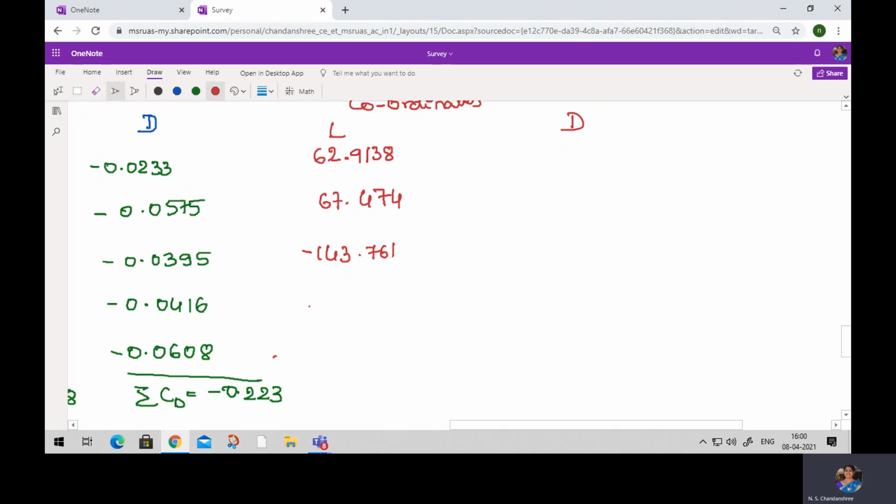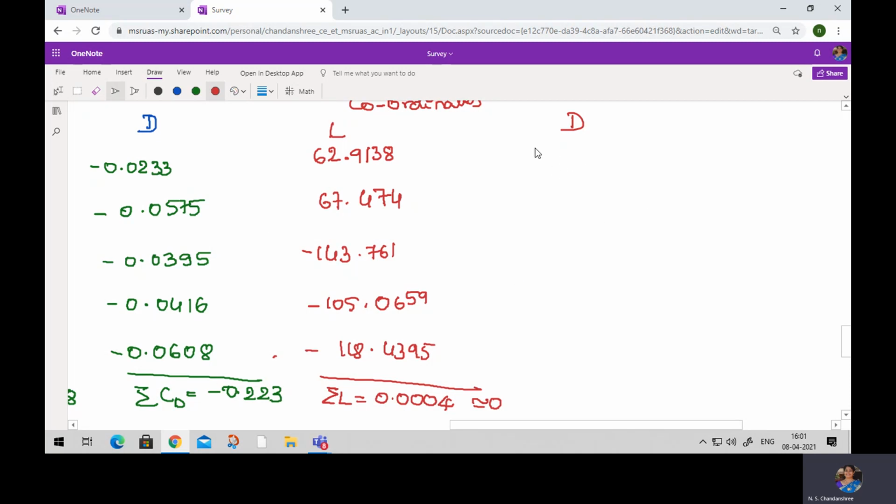Next is minus 105.0659. Next line is minus 118.4395. So when you add all these for the latitude, for the corrected one, you will get sigma L as 0.0004, which is approximately equal to 0. That means you have eliminated the error.